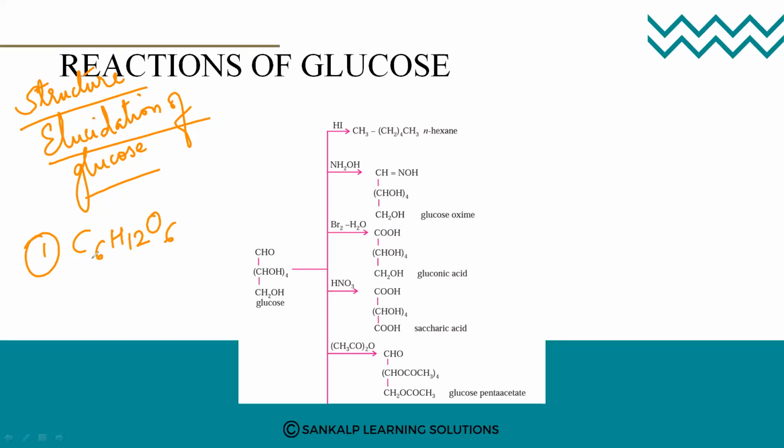By elemental analysis, to see which elements are present, and by determining the molecular mass, we obtain the molecular formula C6H12O6 of glucose.